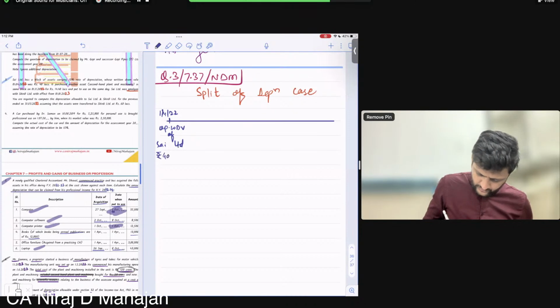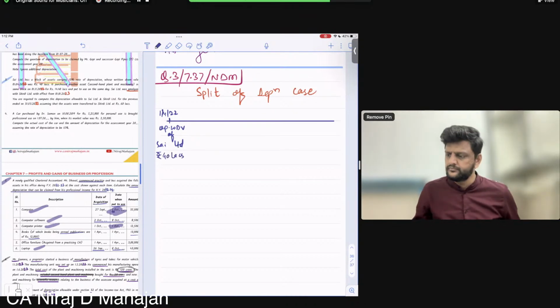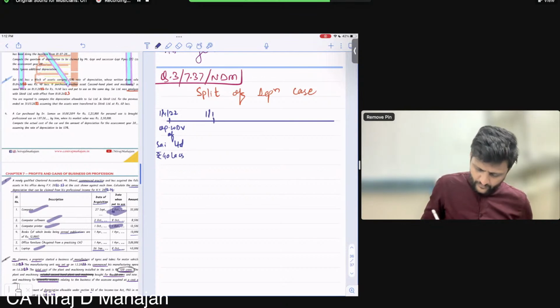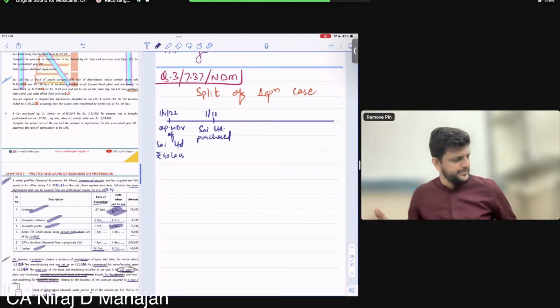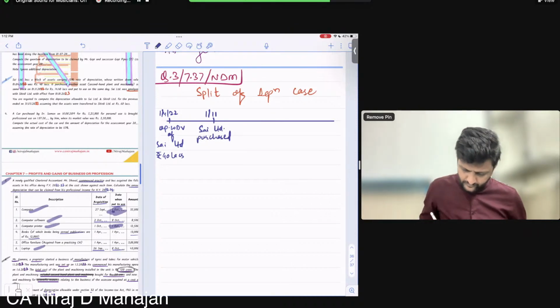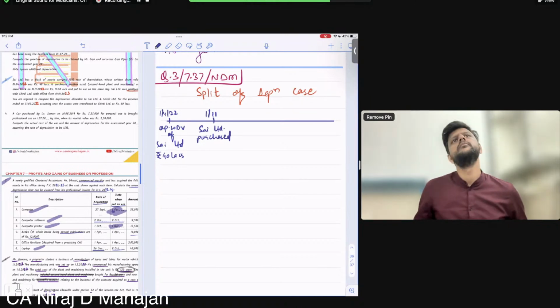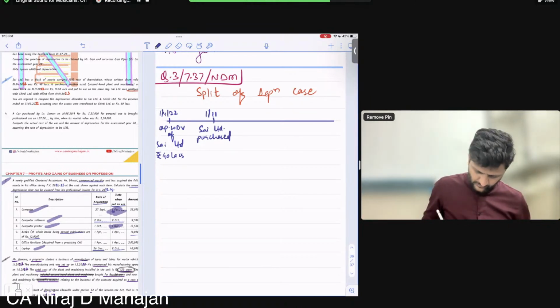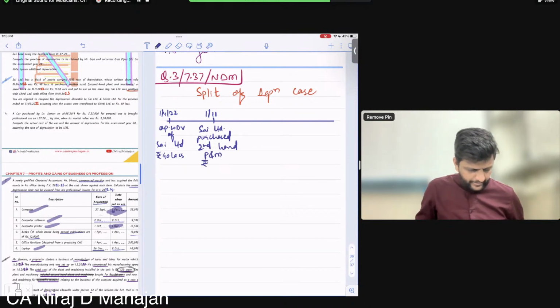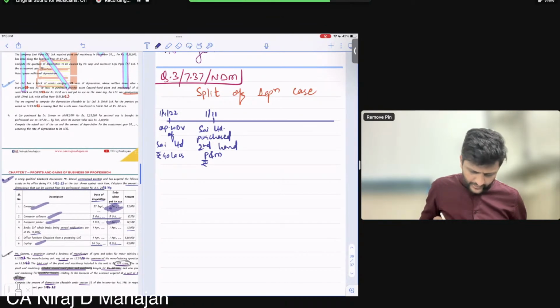On 1/11, Sai Limited purchased second-hand P&M, rupees 14.4 lakhs.